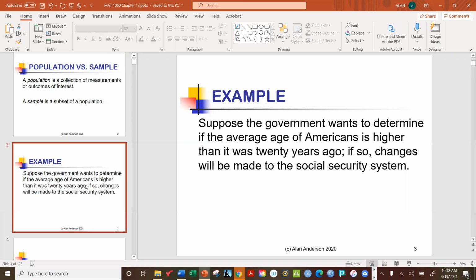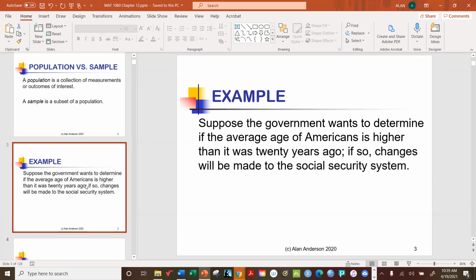And so the longer people live, of course, the more they're going to have to spend on those programs. So it would be helpful if they know what the average age is of the Americans who live here, and also it's helpful to know if it's increasing, which it almost certainly is. We know that people keep living longer and longer because medicine keeps improving, and also because people are more conscious about how important it is to live a healthy lifestyle.